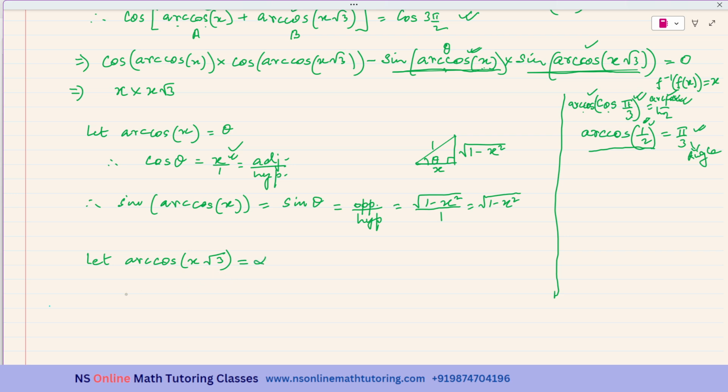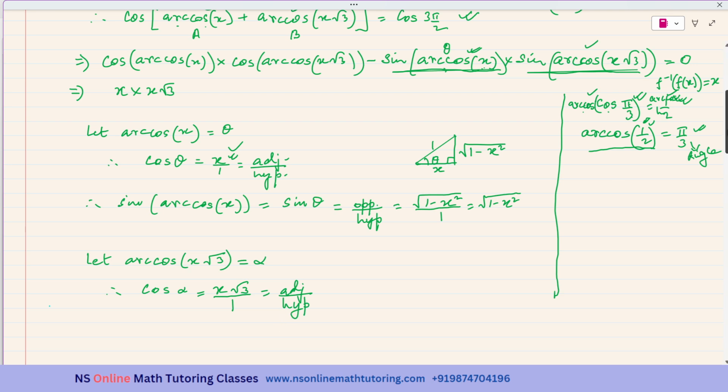Okay, so therefore cos alpha will be equal to x root 3, and this should be written as x root 3 over 1 because it is the ratio between the adjacent side and the hypotenuse.